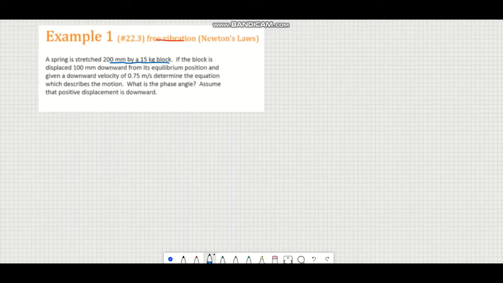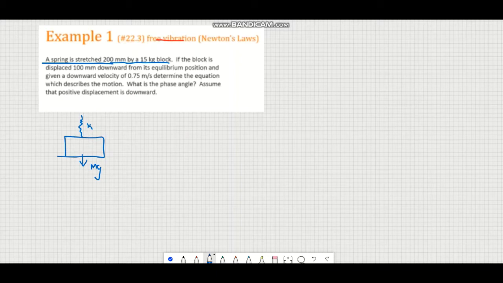So from here we can see that if we have a block, and this block is stretched by a spring with K, spring constant, and this block has a mass, which is mg, the weight.